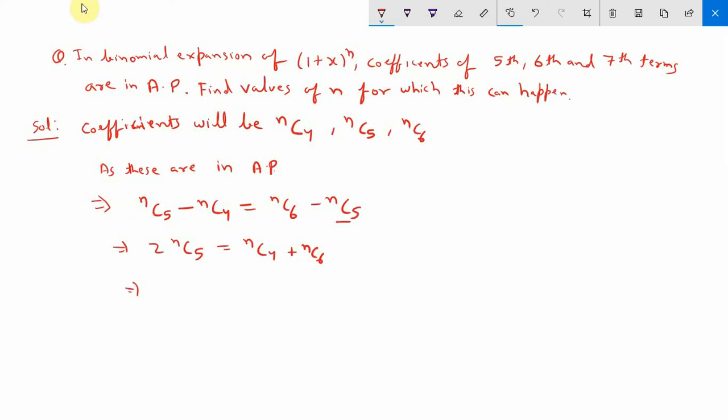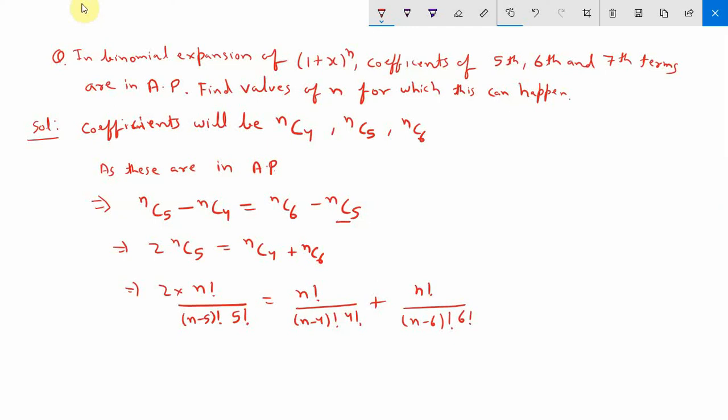So we can write this as 2 into n factorial by (n minus 5) factorial into 5 factorial, equal to n factorial by (n minus 4) factorial into 4 factorial, plus n factorial by (n minus 6) factorial into 6 factorial.